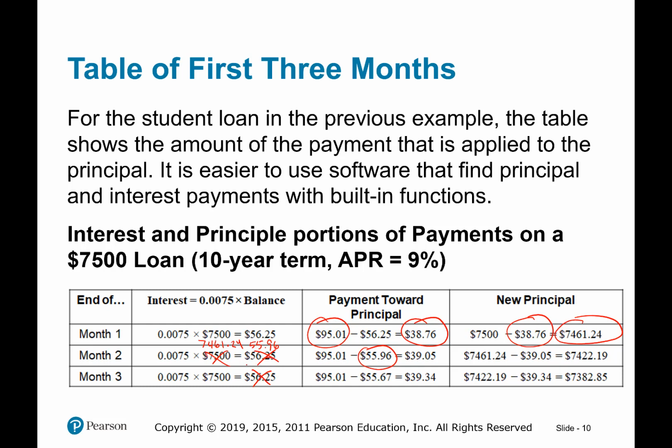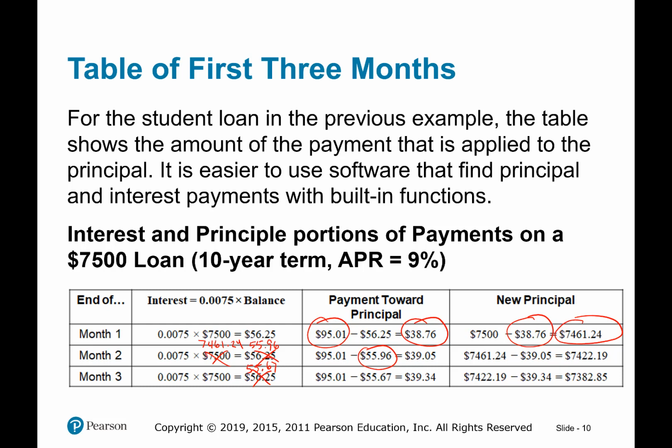And this is going to be $55.67. So for month 2, I take 0.0075 times the new balance of my principal, and the interest went down slightly to $55.96. Okay, so it went down by almost 30 cents.